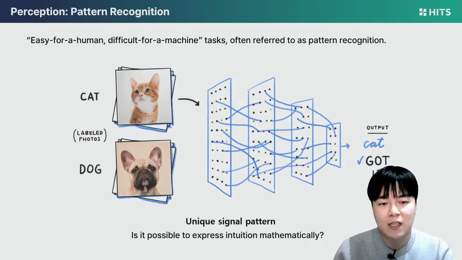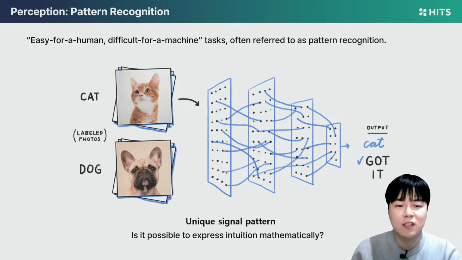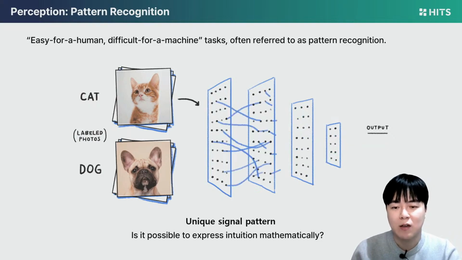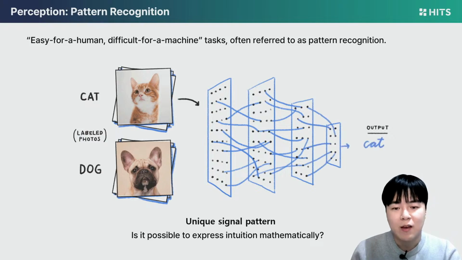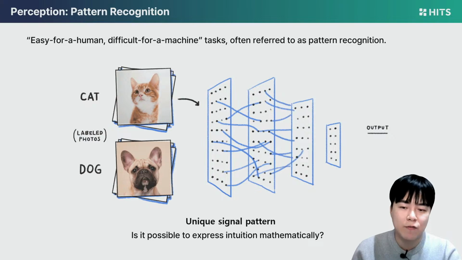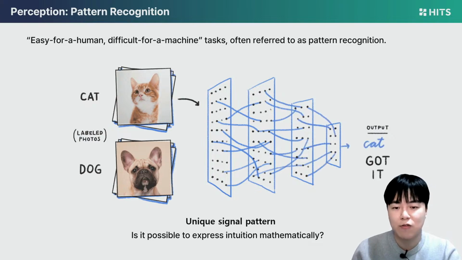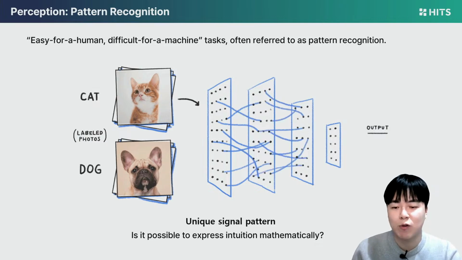While this process happens very naturally and quickly for humans, traditionally replicating this through programming has been really difficult. The process known as perception was particularly challenging to program. However, today such pattern recognition tasks are being performed much more easily through artificial intelligence, specifically deep learning, which I will explain.